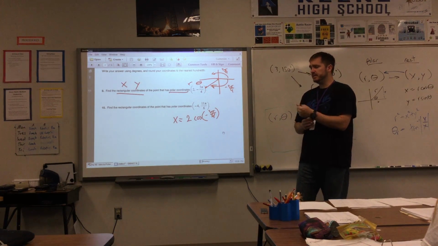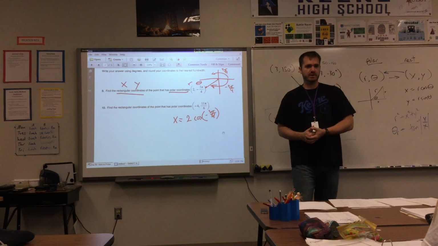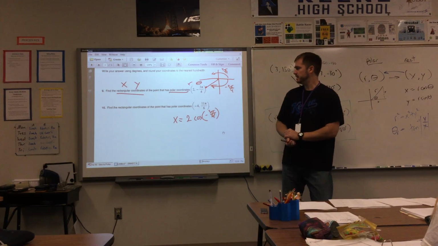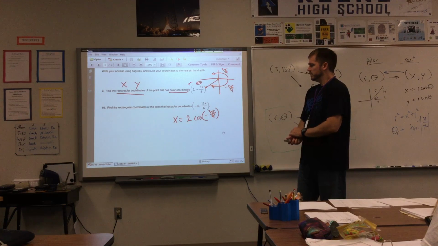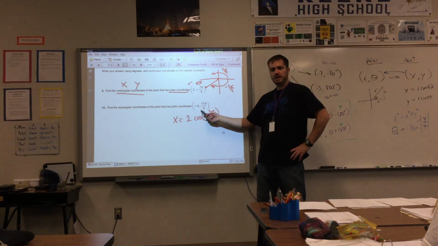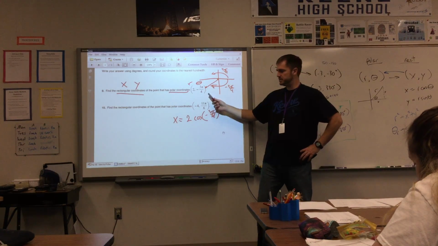Now, they don't specify it here in the directions, but they want exact answers, okay? So they're going to want stuff in terms of square roots and everything like that, okay?